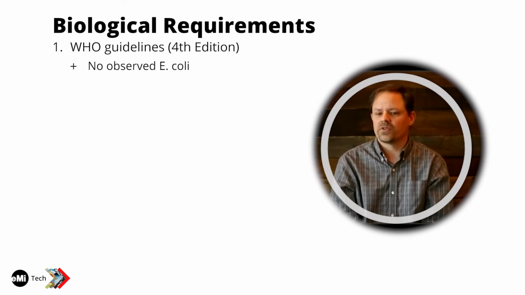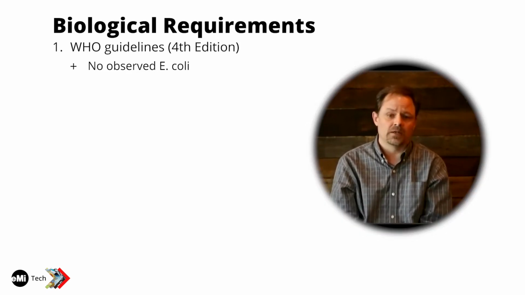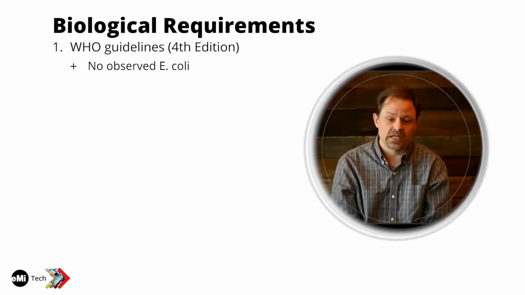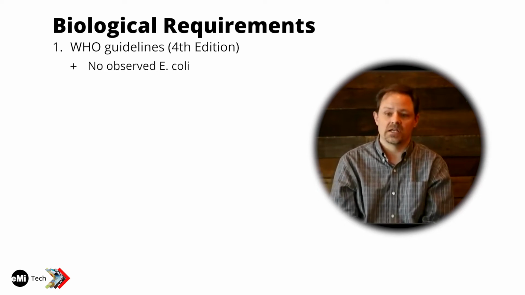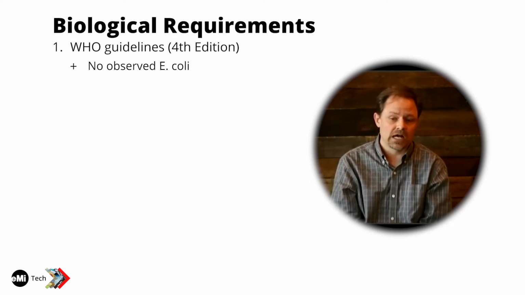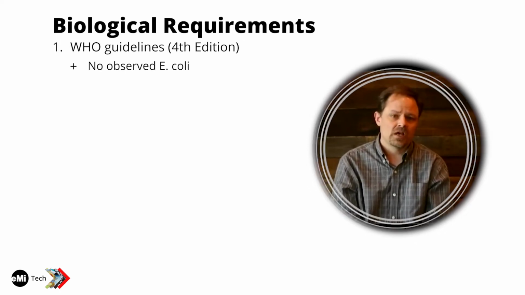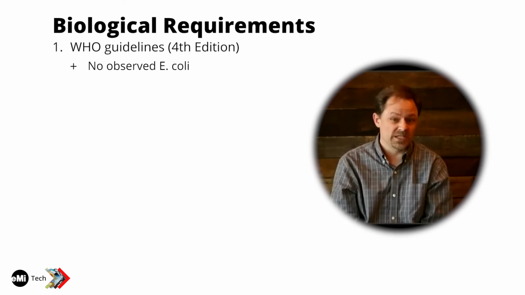I do think it's useful, though, to look back a few editions of the guidelines to when coliform was included as an important indicator of whether water was safe to drink or not. Since we can still measure coliform out in the field, it's helpful to have some understanding of how much coliform we might want to be seeing or not seeing in the water.